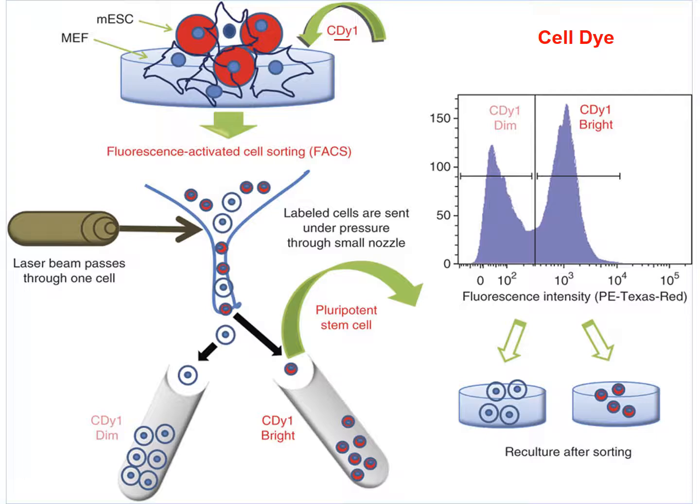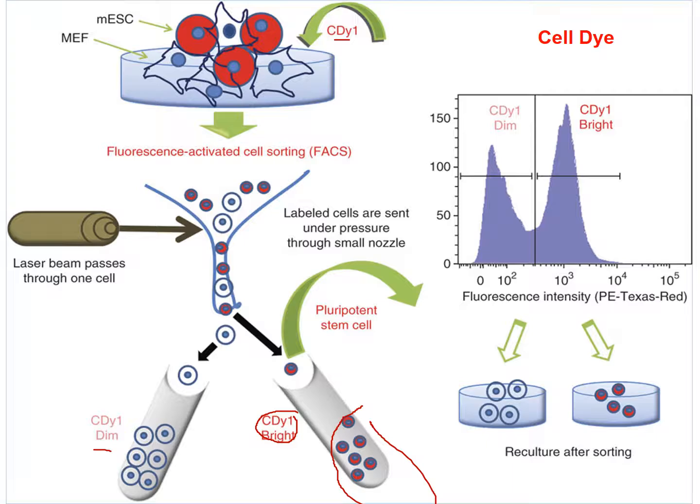Here's the laser. And labeled cells are sent, and there must be some type of charge to where the heavily dyed cells collect here. The bright cells are heavily stained, and the ones that are weakly stained, I call those dim.